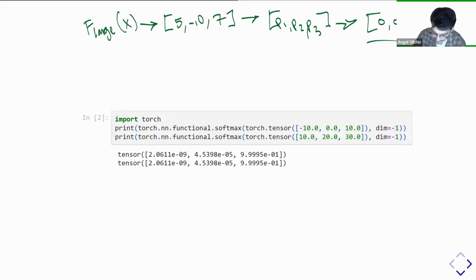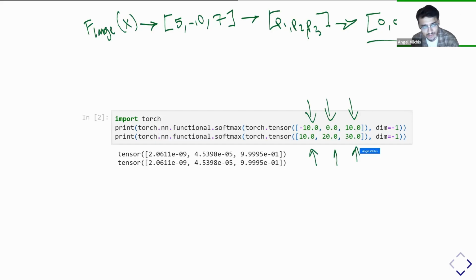So here's an example. Let's say we have raw scores, -10, 0, 10. This is for one instance. And then another instance, say we have 10, 20, 30. These are different raw scores, but if we feed it through softmax, we get the same probability distribution.